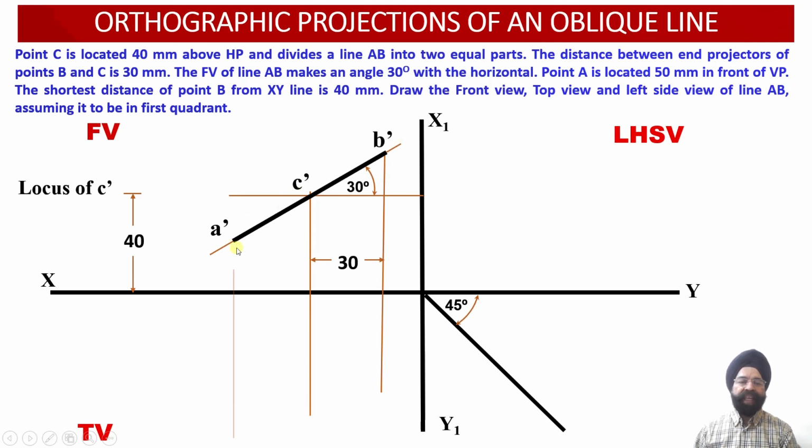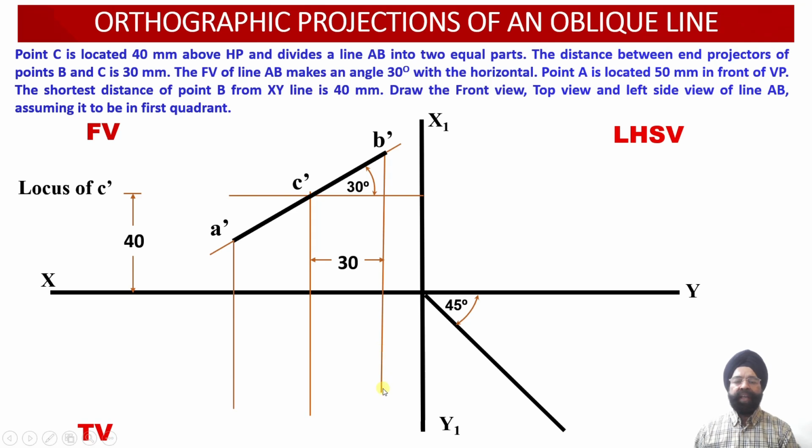Having obtained A dash, now we can draw a vertical projector from the point A dash. Onto this vertical projector line, point A will be lying. Similarly, onto the vertical projector through the point C dash, point C in the plan will be located.